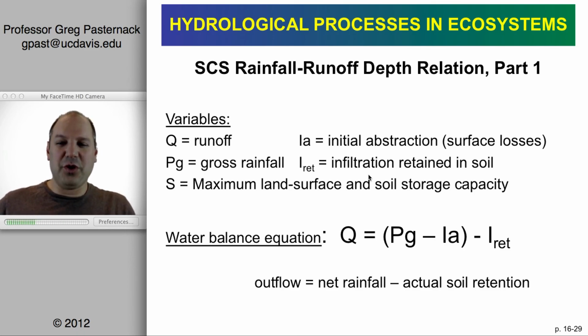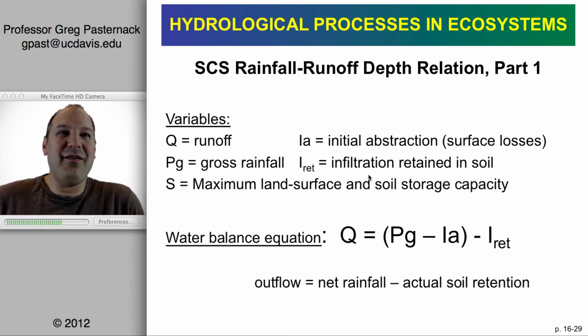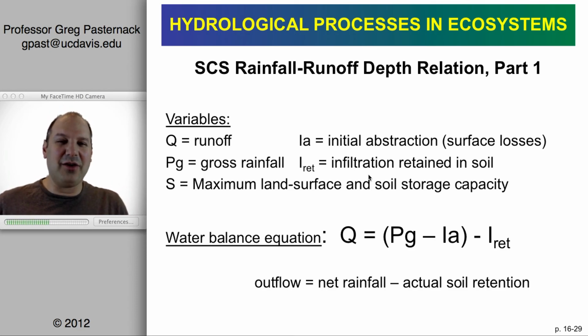Of course, we're going to begin with the water balance. You have to have a water balance if you're doing a hydrological model. It's a basic law of mass conservation. So here I've written the water balance. Instead of inflows equal outflows plus storage, I've solved it in terms of the runoff or stream discharge Q, and it's going to equal the gross precipitation minus the initial abstraction minus water that is retained in the soil after the initial abstraction period.